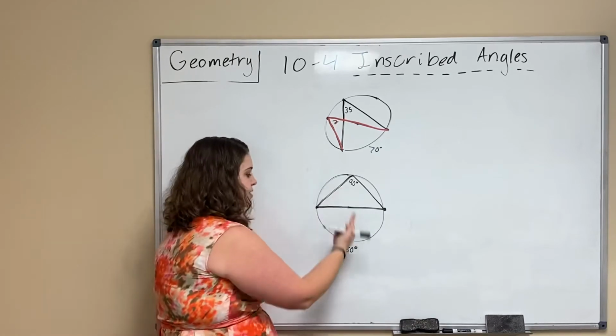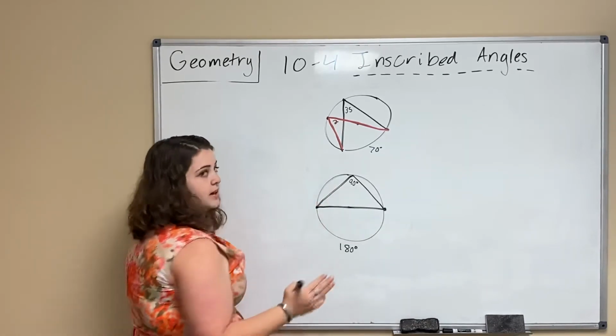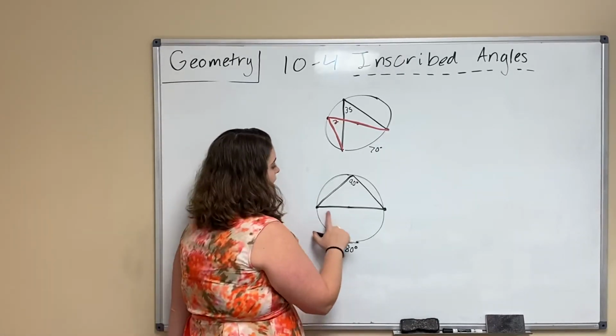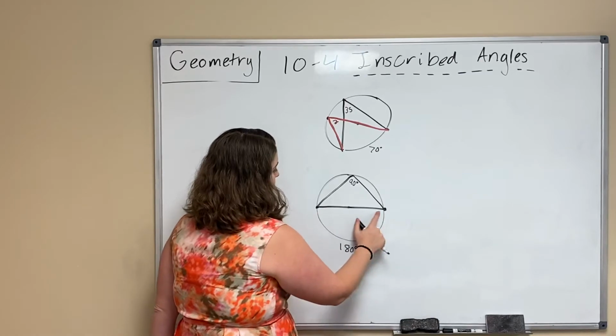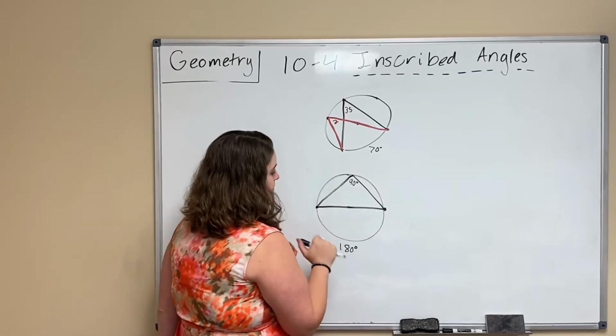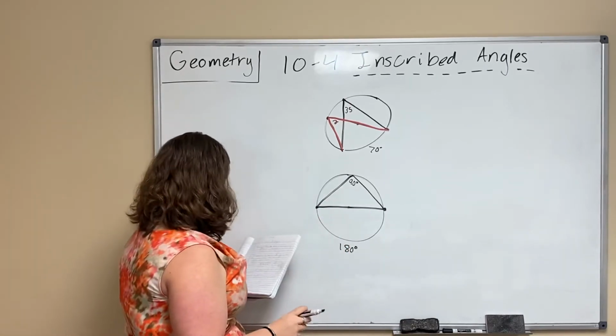And this angle is half of the arc angle, so it's always 90. So anytime you see an inscribed triangle and one of its sides cuts through the diameter of the circle, through the center point, the opposite angle is 90 degrees.